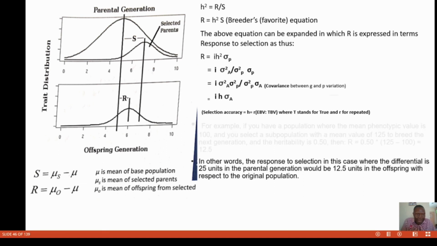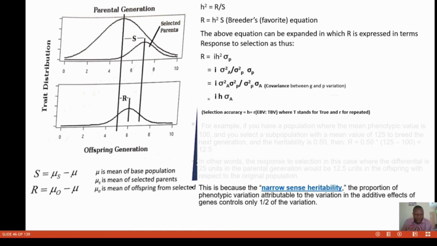In other words, where the differential is 25 units in the parent generation, the response would be 12.5 units in the offspring with respect to the original population.